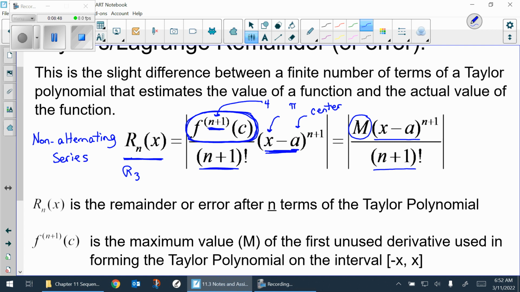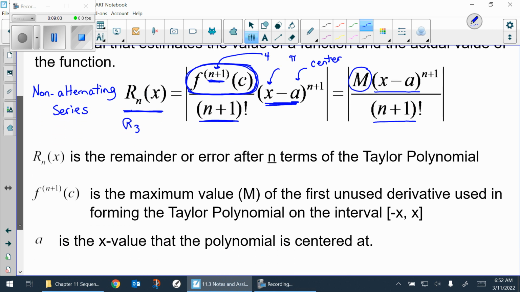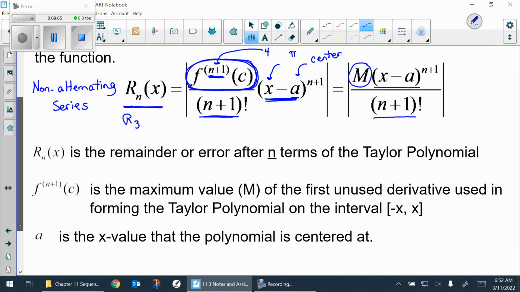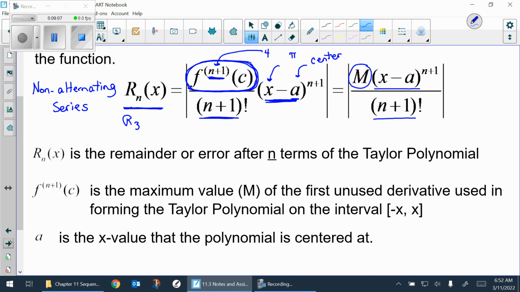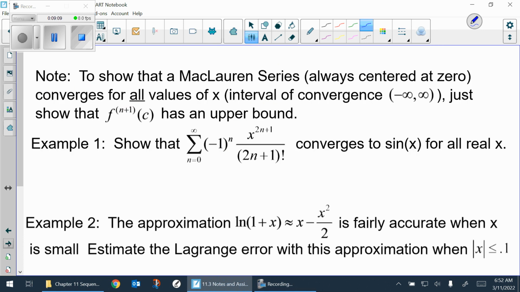If we have a series that does not alternate, and sine does alternate in our last example, if we have a non-alternating series, then this is our theorem that we're going to use. So, let's see what that looks like in example 2.